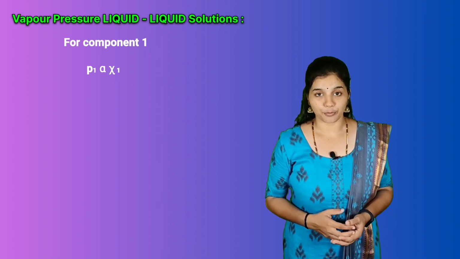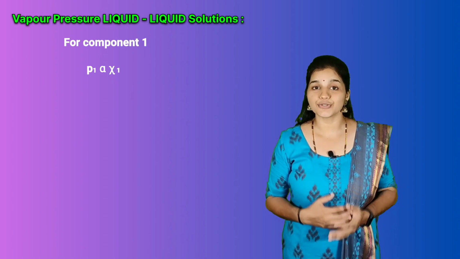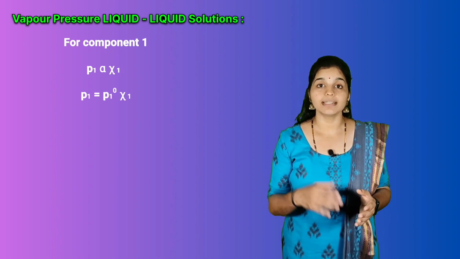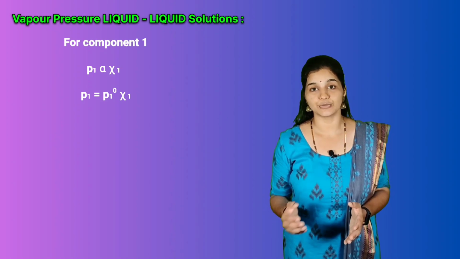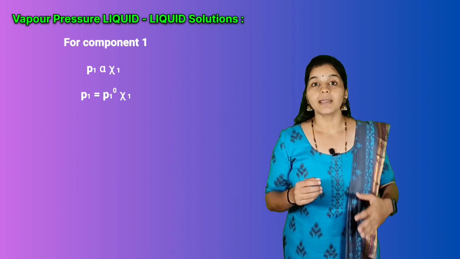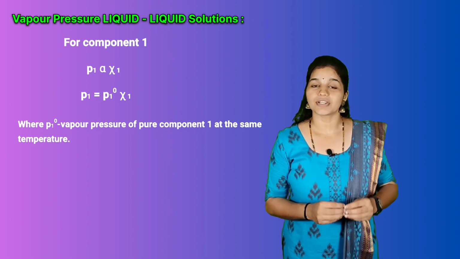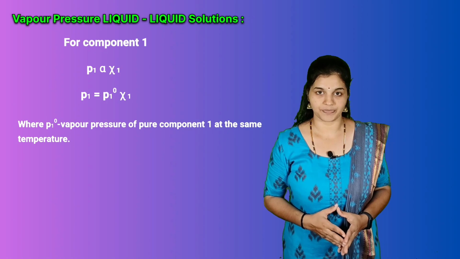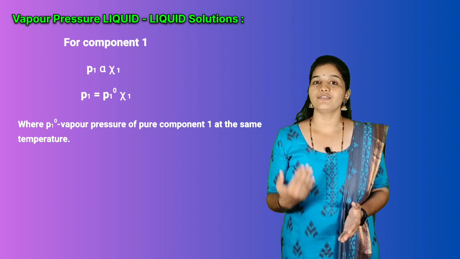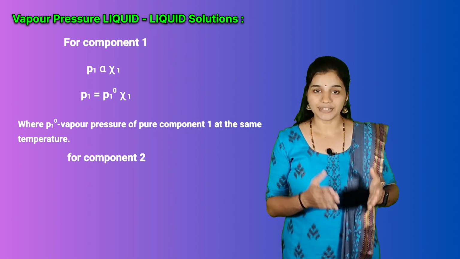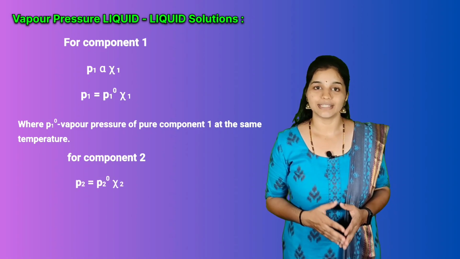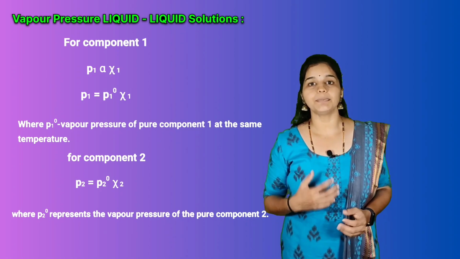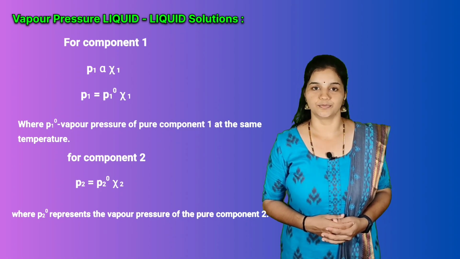By removing the proportionality symbol, we can introduce a constant and we can write the expression as P1 is equal to P1 naught into chi1, where P1 naught is the vapor pressure of pure component 1 at the same temperature. Similarly, for component 2, we can write P2 is equal to P2 naught into chi2, where P2 naught represents vapor pressure of the pure component 2.